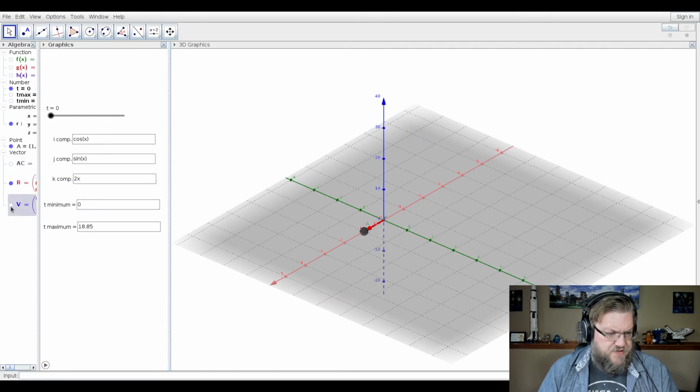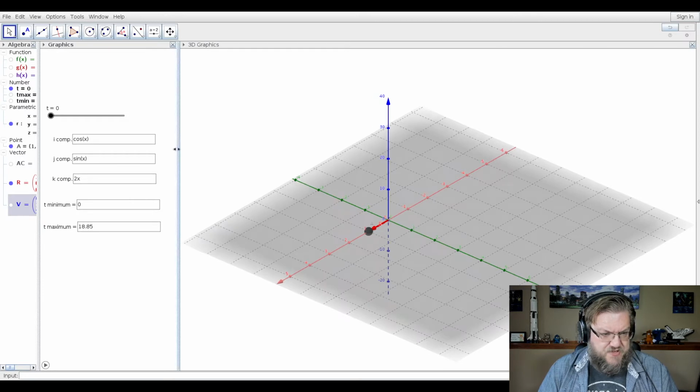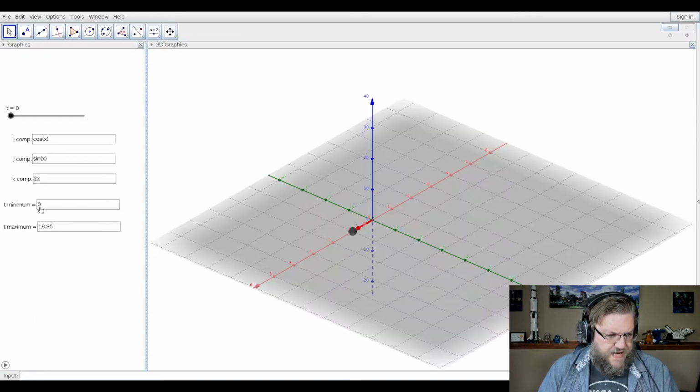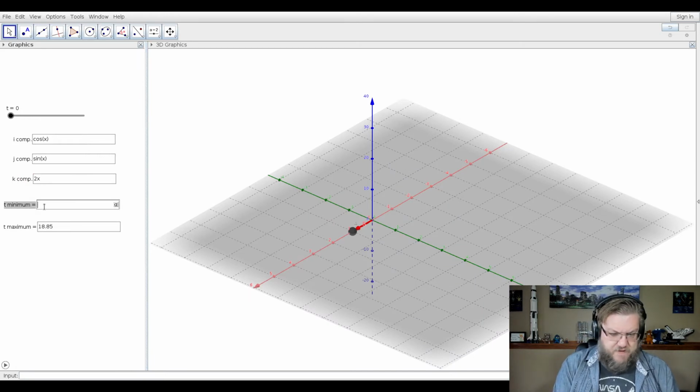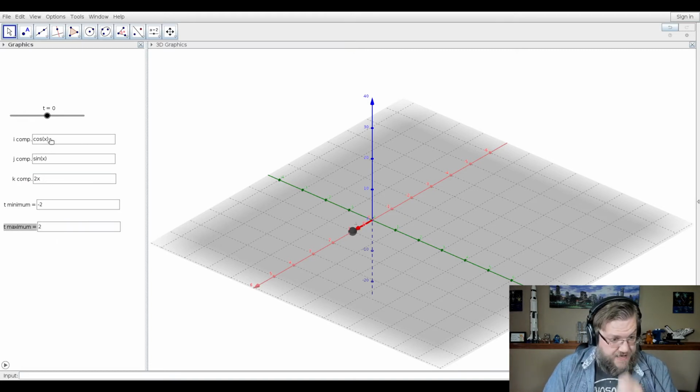Turn off the extra stuff here. So I just have the position vector. Now, let's go ahead and I'm going to put in the minimum t value is -2. And the maximum t value is +2. Okay. And the i component we came up with is t.